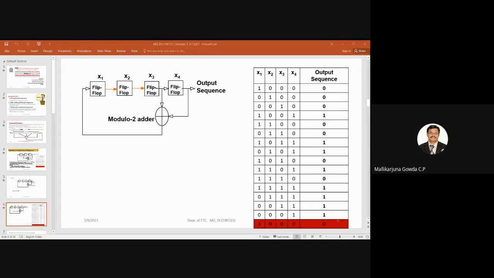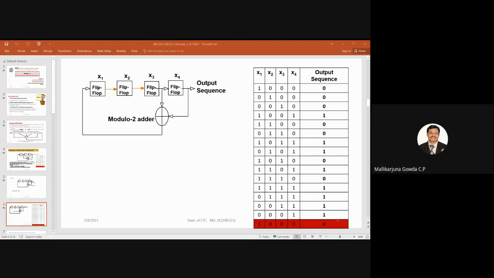X3 X4, no. So 0 XOR with 1 is 1, right? That 1 will come to flip-flop 1. So then this state only will come. I think the last state will be 0011, I feel, not all ones. Noreen, if I am correct. Sir, it's 1 triple 0 1 double 0 double 1 0 1 0 1, right?